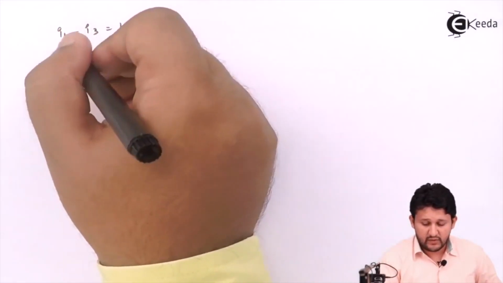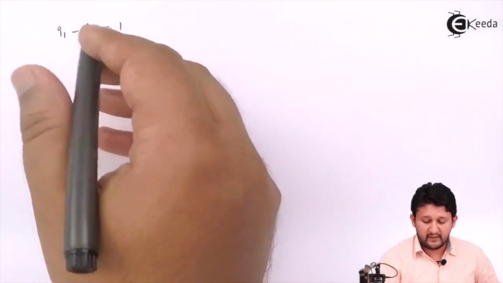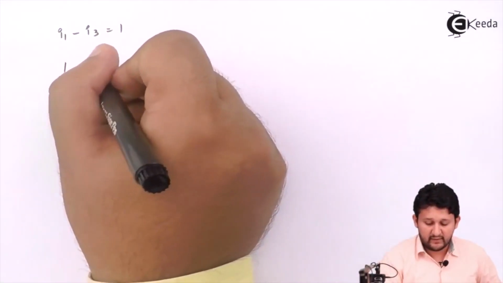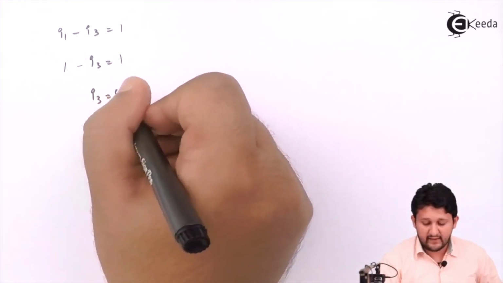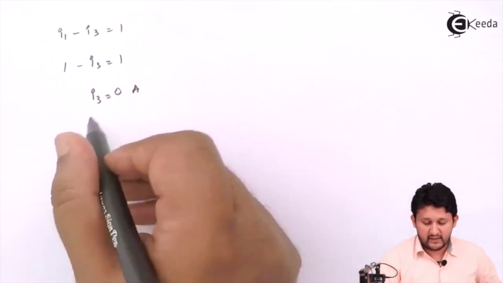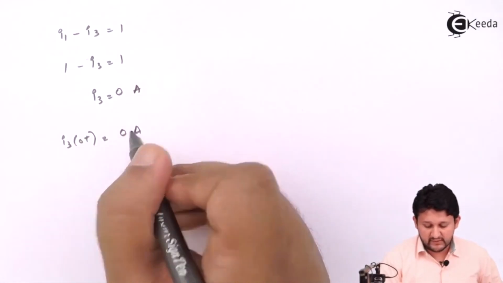You already got the value for I1, which in the above case was 1 ampere. So put the value for I1 over here, cancel it, same sign, and the I3 value is equal to 0. So ultimately you got the value for I3 of 0 plus, which is equal to 0 amperes.